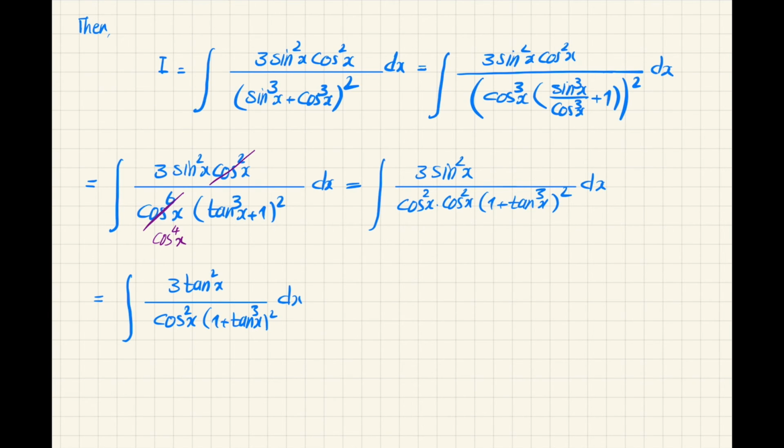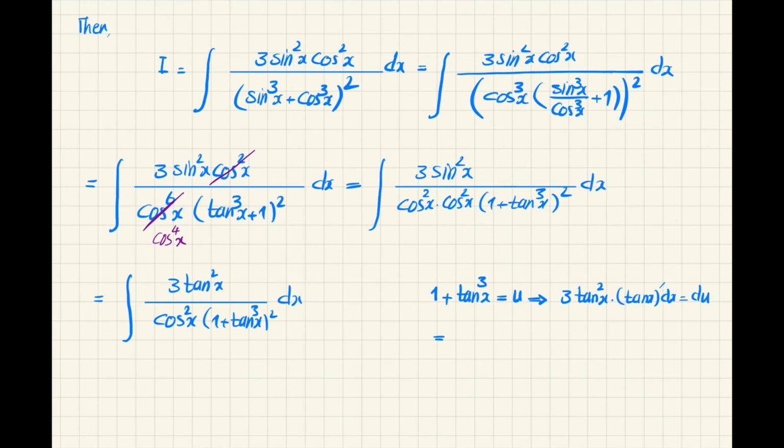Okay, now what I can do is to use the substitution method. So I will take 1 plus tangent to the power of 3 x to be u, and then I differentiate both sides. So the left hand side becomes 3 tangent squared x multiplied by the derivative of tangent x according to the chain rule dx, and on the right hand side I will have du.